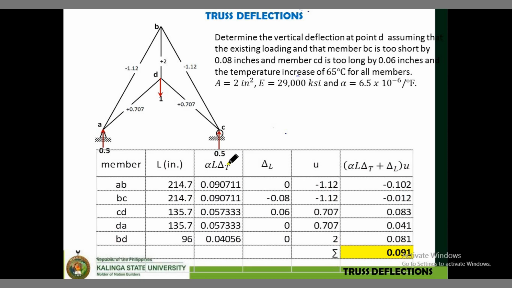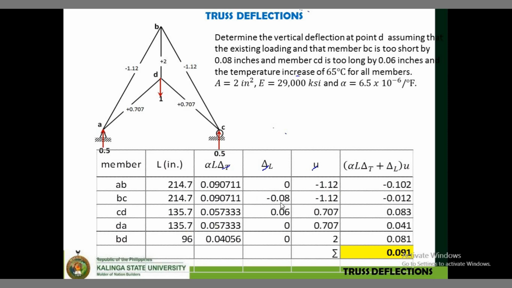Okay? So, after na nakuha natin yung change in temperature at saka yung fabrication error, tapos yung ating U, we can now add 0.090711 plus 0 multiplied by negative 1.12, that is equal to negative 0.102.